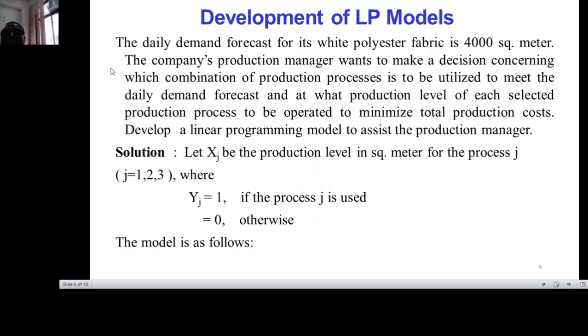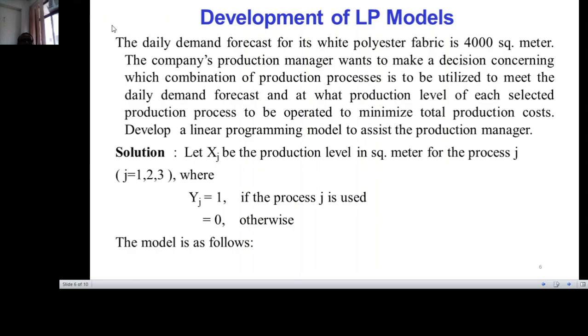You do not want to dump your capital in your warehouse. Nobody will accept this. Based on the demand forecast, you will produce maximum up to 4000 square meter or even less, so that whatever you produce you are able to sell.